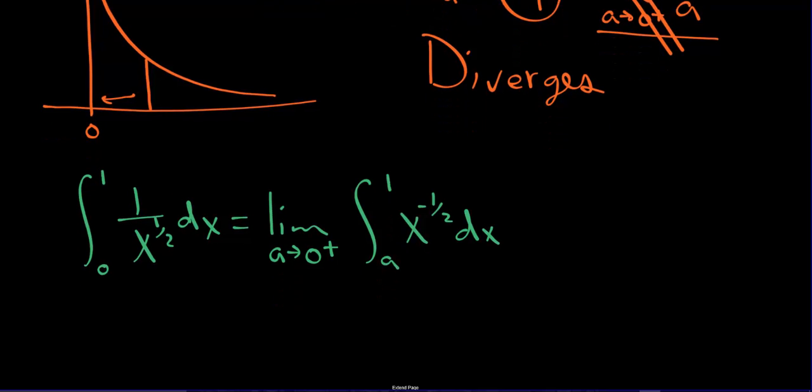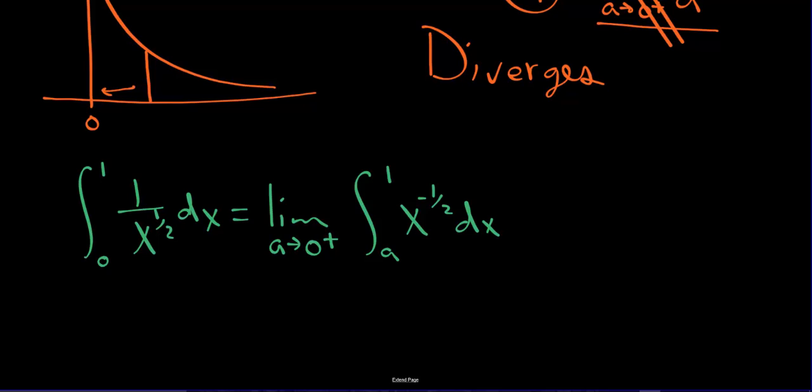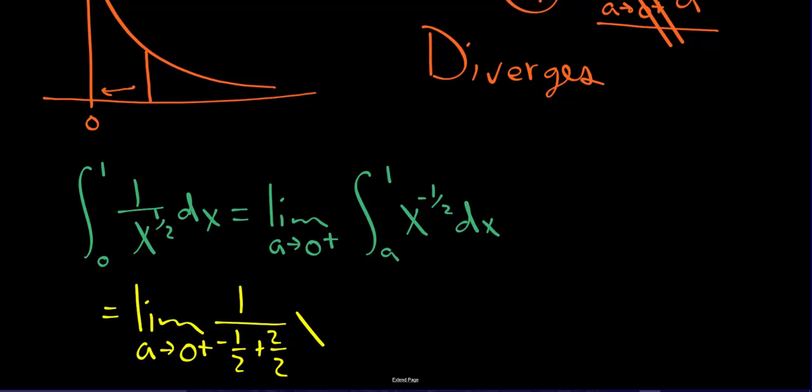And if we go ahead and integrate this now, or get the antiderivative, what would we have? We would have the limit as a goes to 0, and let's just go ahead and work it out. Okay. And we're going from a to 1.